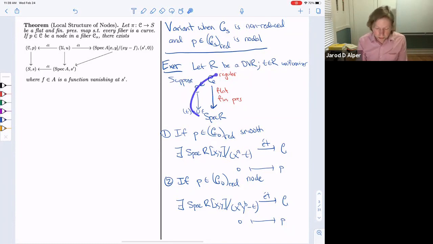And then you have a family of curves where the total family is regular, this map is flat and finitely presented. And so we have these two different cases: if the point is smooth, then it essentially just looks like a thickened affine line.